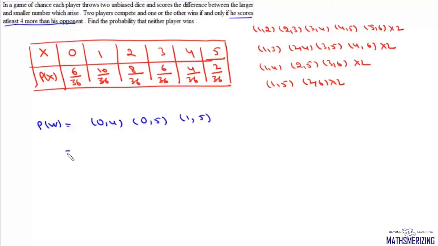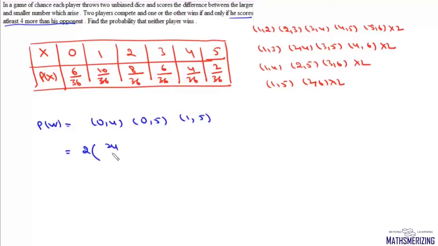So this required probability will be 2 times, because it can be 0-4 or 4-0, 5-0 or 0-5, or 1-5 and 5-1. So 2 times the probability of getting 0 and 4. There will be 6 by 36 into 4 by 36.